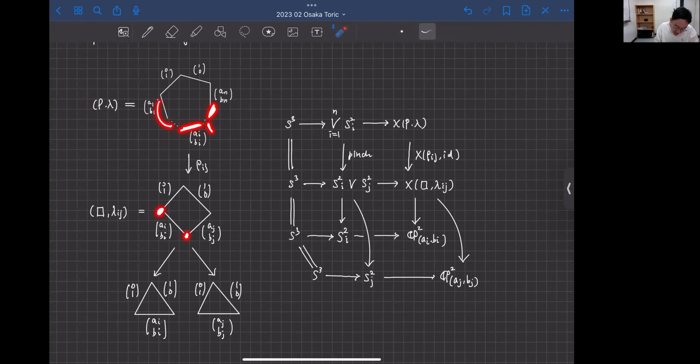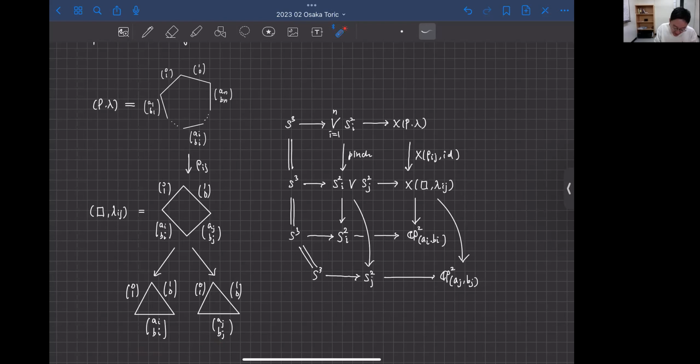And then in the middle, we have this vertex, and all these edges go to this vertex, so that we can think of another edge contraction morphism, which preserves the i-th edge and j-th edge. The target space will be the characteristic pair of the square. And then from this square, we can think of more edge contractions to get the triangle examples, which are our favorite spaces.